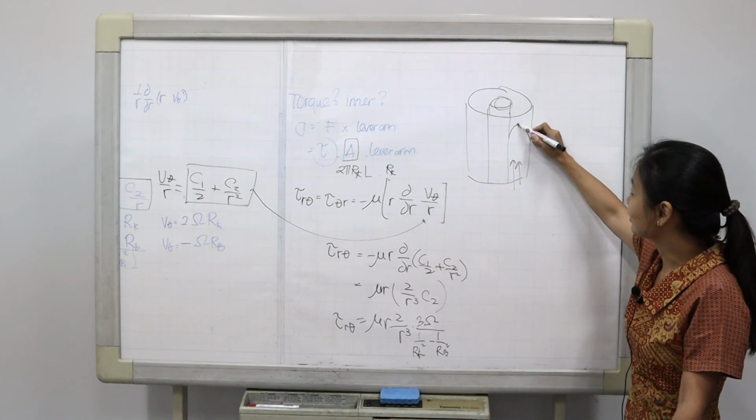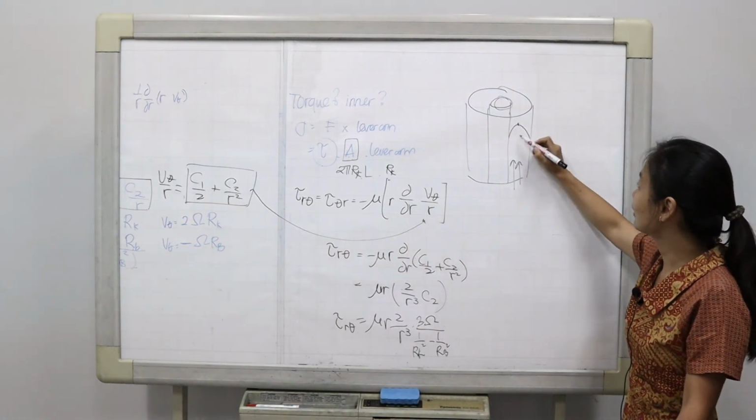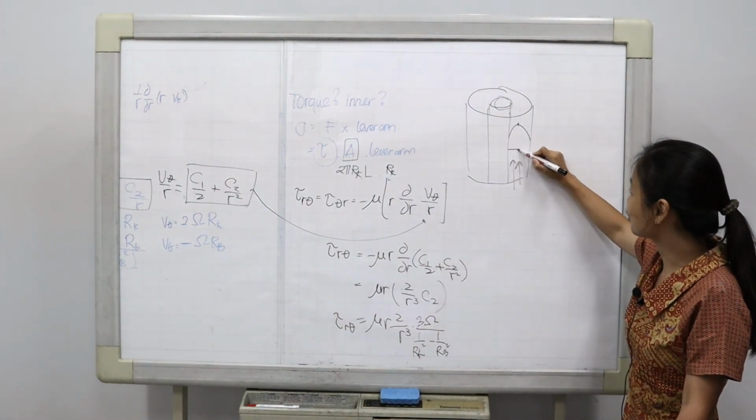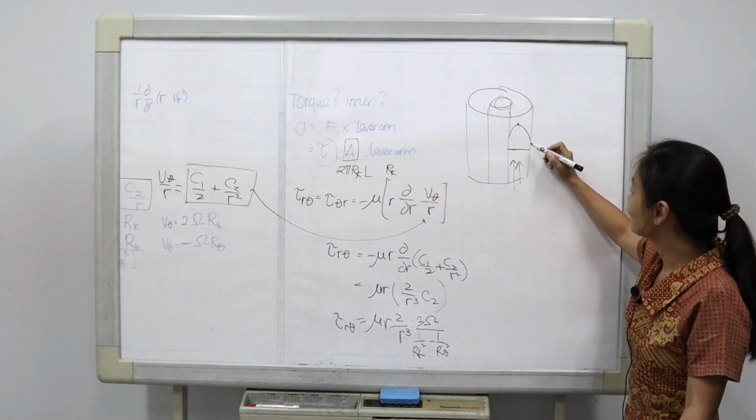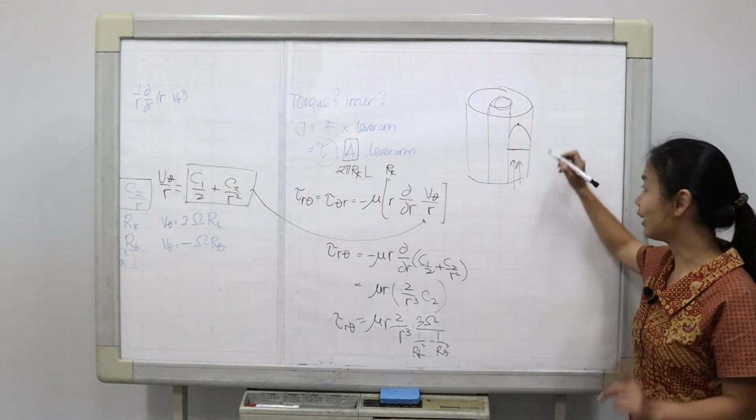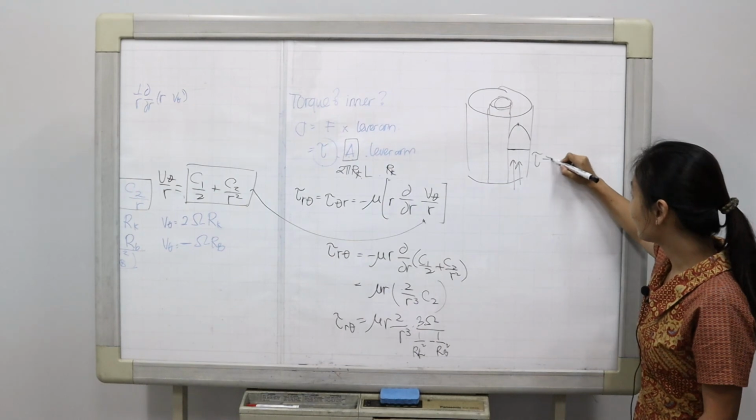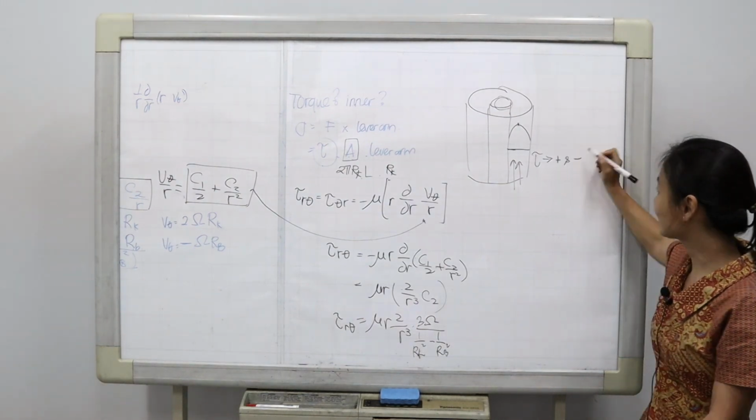We have a maximum value somewhere, and the tau has positive and negative values.